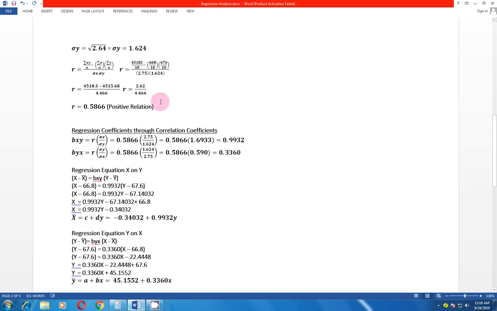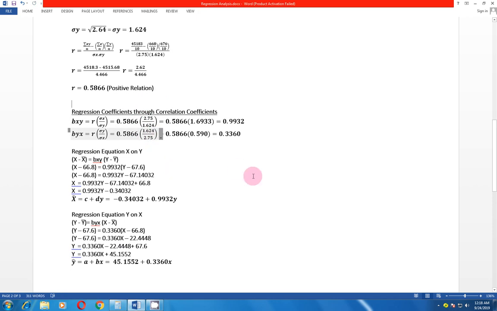The correlation coefficient only defines the relationship, not mostly the strength of the relationship. If we want to see the strength of the relationship, that is, how positive it is, here is the first method.